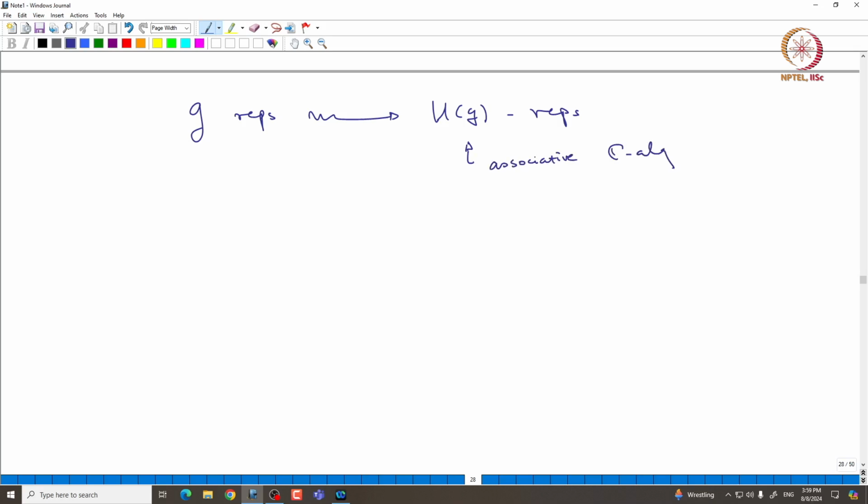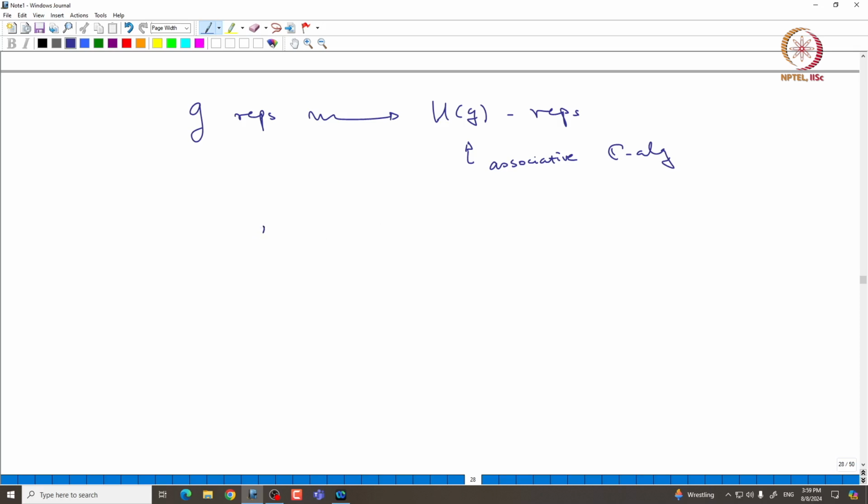So, note that this is an associative C algebra. If you are interested in constructing representations of UG, especially cyclic representations, then they correspond to left ideals inside UG. Let us only consider left ideals.